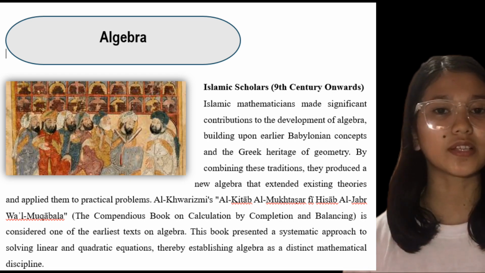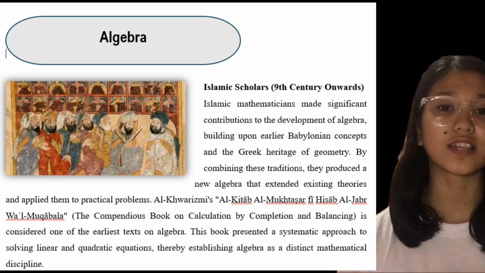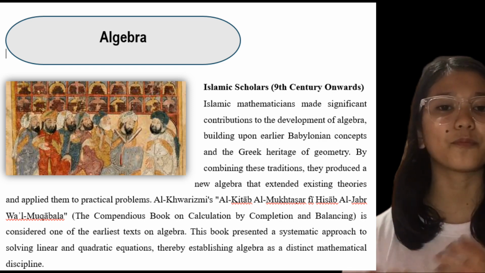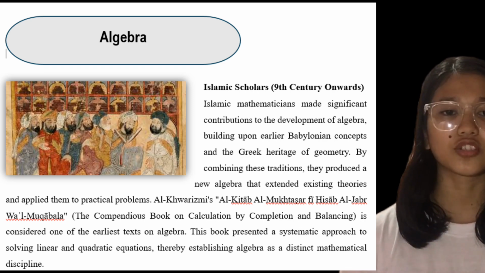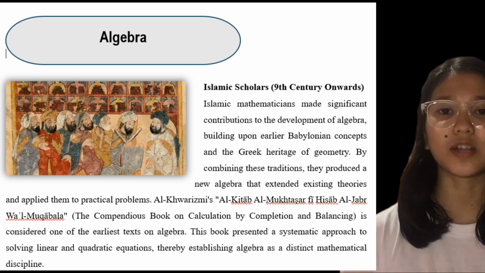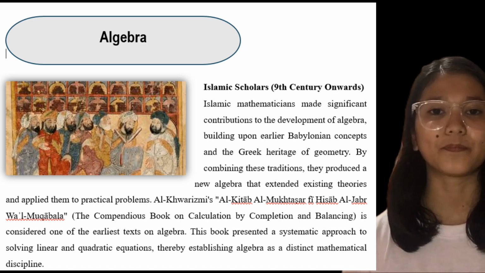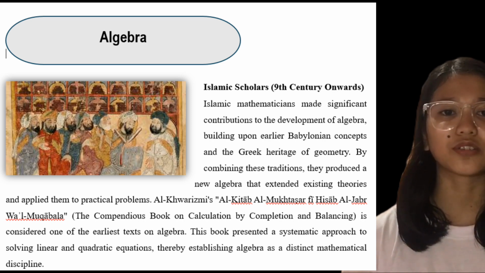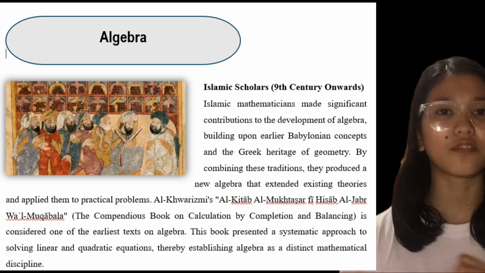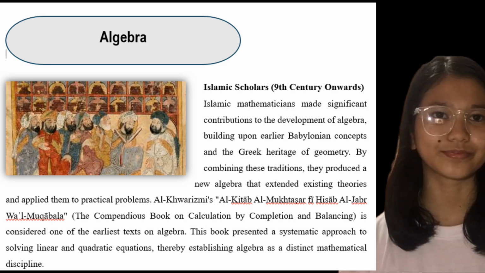Then Abu Kamil, from the 9th to 10th century, extended Al-Khwarizmi's work, the compendious book on calculation by completion and balancing, by using irrational numbers as coefficients. It demonstrates how to manipulate and solve equations in a more abstract way and was adopted by Fibonacci in the development of algebra in Europe.